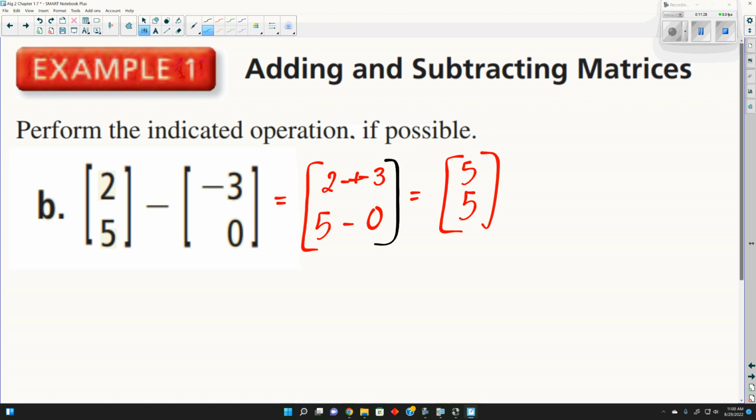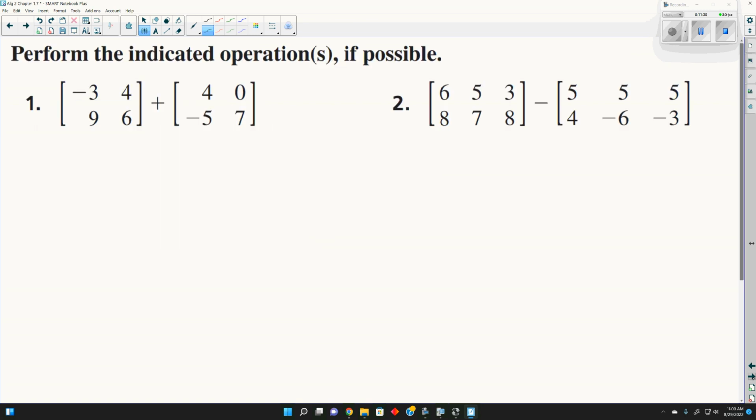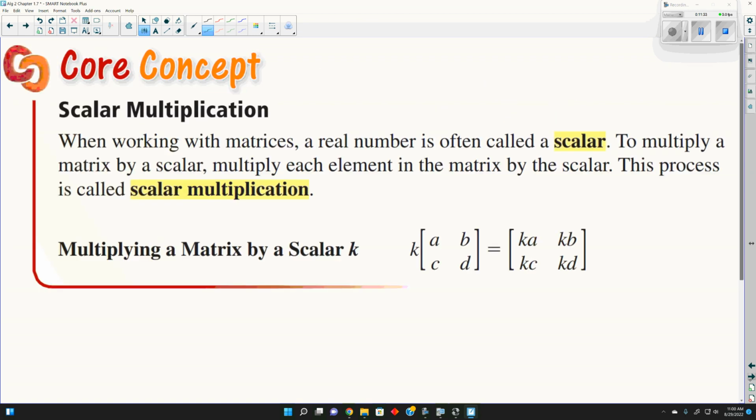Focus back up here. If there's other questions on addition, subtraction, we're going to look at the other part of the lesson, which is scalar multiplication. Guys, Logan, focus up here.